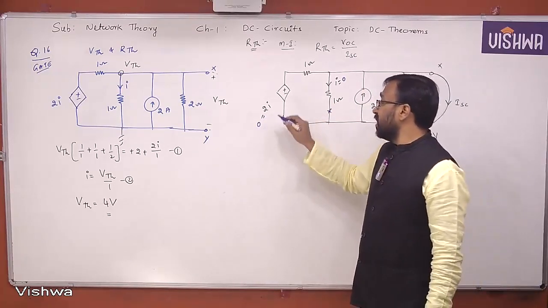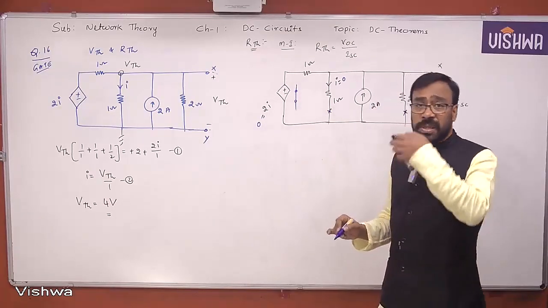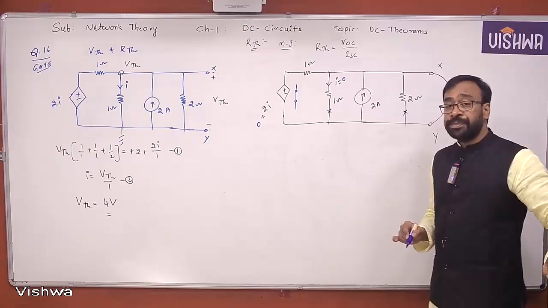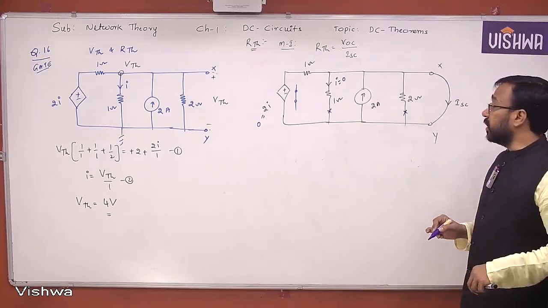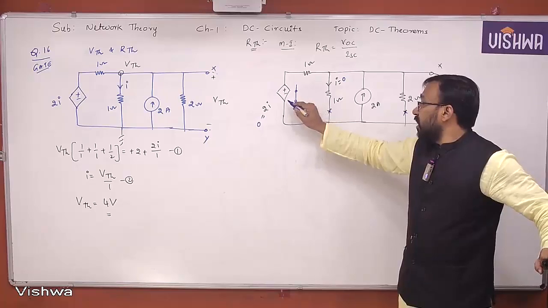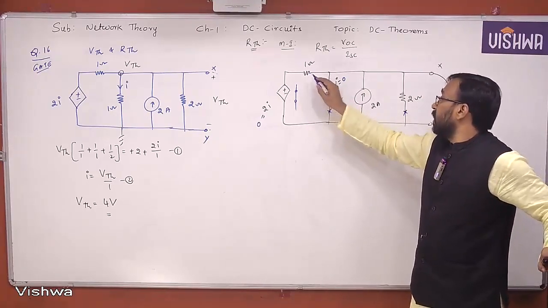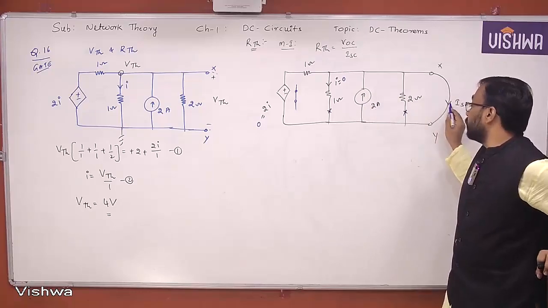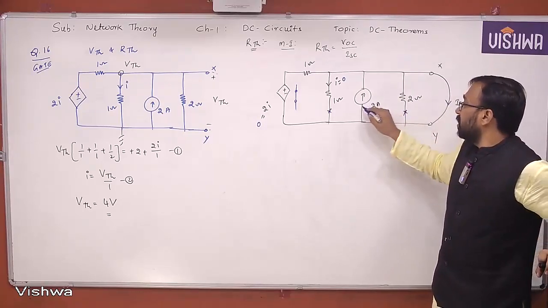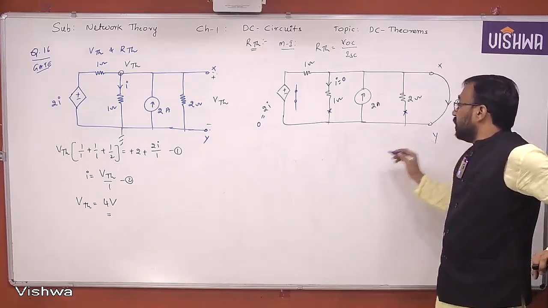When 2I is 0, this is acting like a short circuit, because voltage 0 refers to short circuit. Then finally, what is left over here? If this is shorted completely, this is gone. Then this 1 ohm is parallel to the current source, parallel to the short circuit. Therefore, this entire current is passing through the short circuit only. That is 2 amperes.